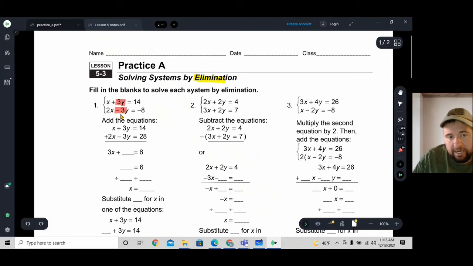And the first variable that I want to eliminate is the y. Because when I add them together, x plus 3y equals 14 and 2x minus 3y equals negative 8. I get x plus 2x is 3x, and then I get positive 3y minus 3y, that is 0y.